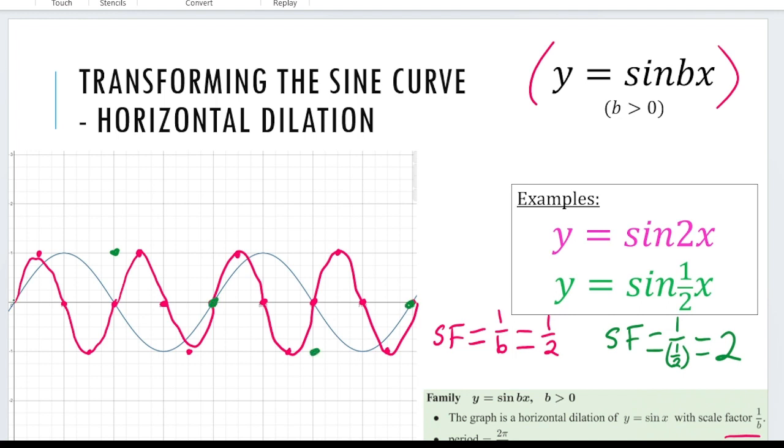So if we follow the green one, we are going to see that we're just getting up to the maximum, back through, down to our minimum, and back.